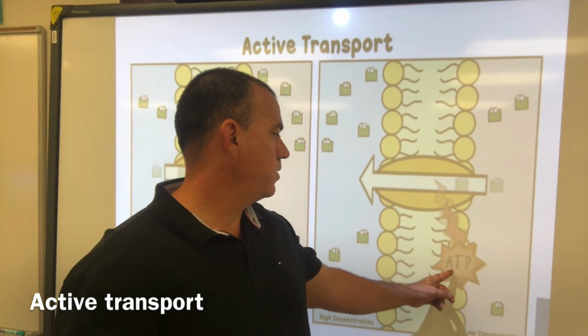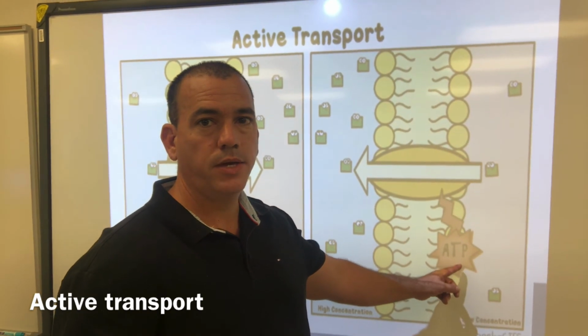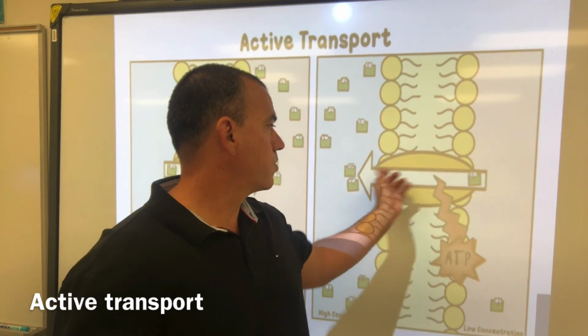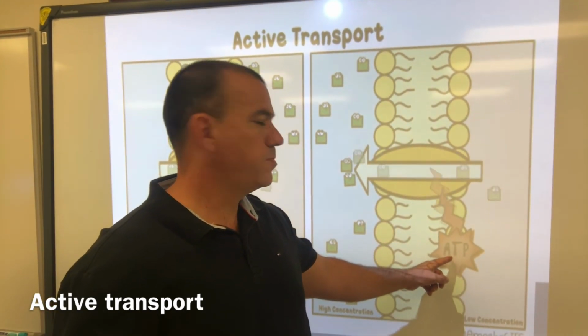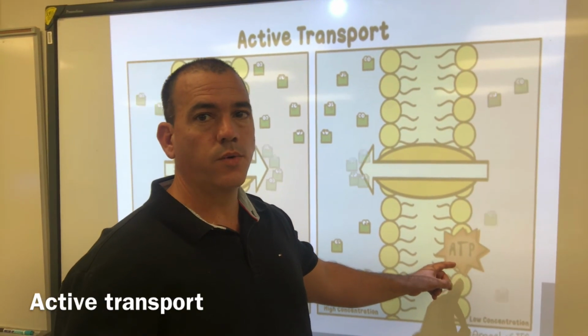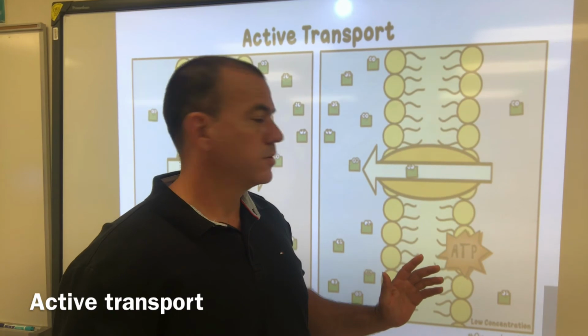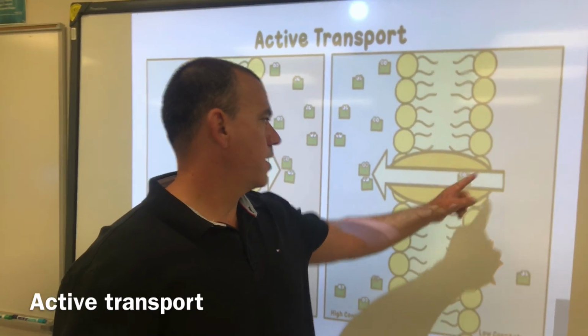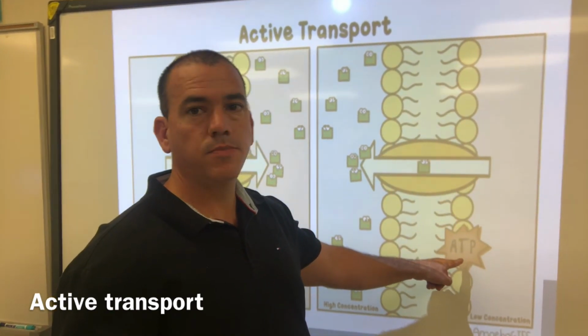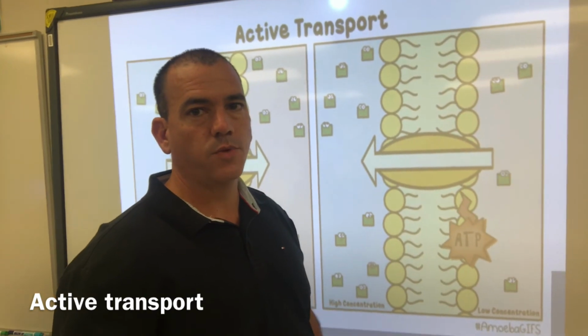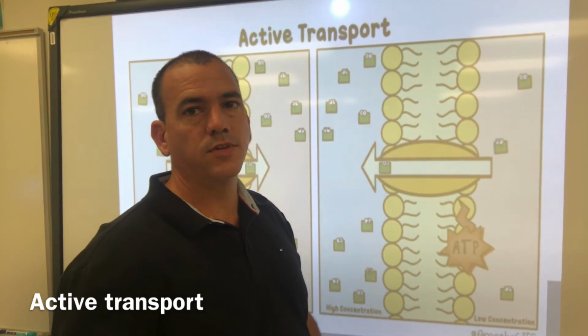Once you see that word ATP and it shows you a protein and the ATP right there, you know right away that must be active transport. Why? Because ATP is energy and active needs energy.